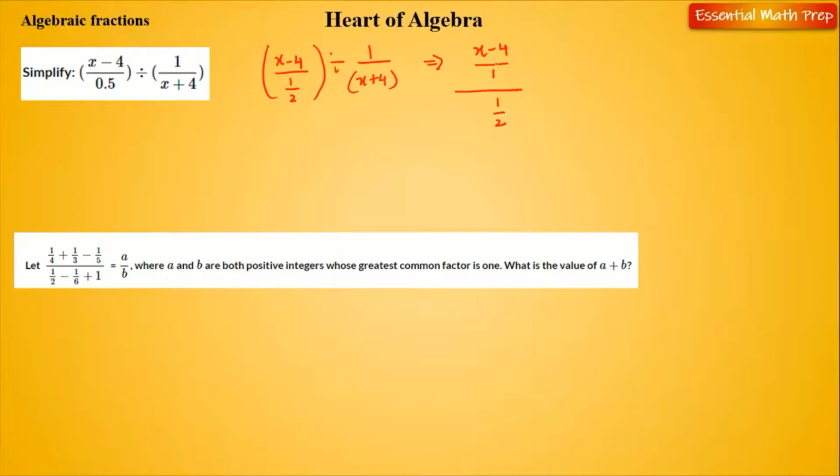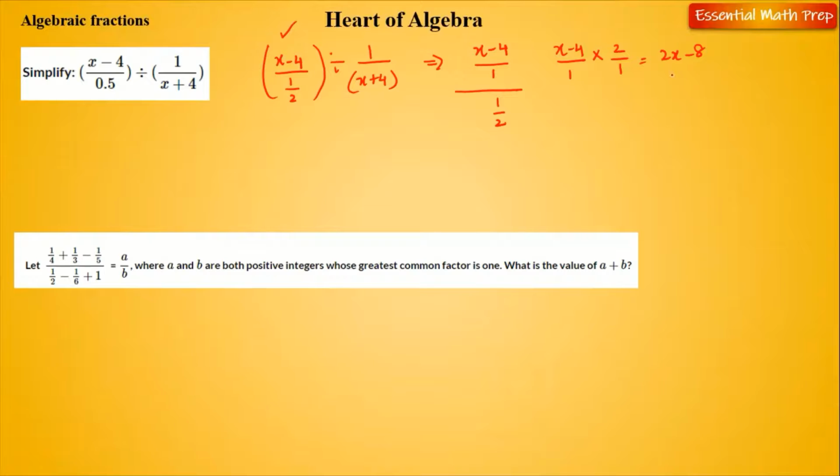You see that this is the numerator, this is the denominator, right? So by having the 1, you can use the technique that you're familiar with, right? So that's essentially x minus 4 power 1 divided by 1 times 2 over 1. So that's 2x minus 8, right? That is only this portion, right?